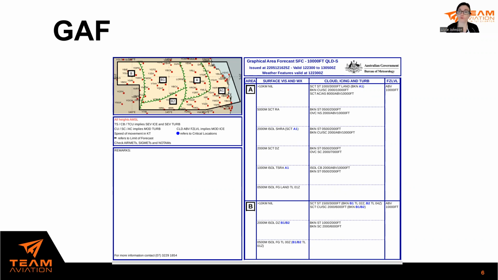So when we turn to a graphical area forecast, our first port of call is to identify the area in which we'll be operating. Now, this box here around the area is segregated around a number of different areas around Australia. So the first step is obviously identifying where you're going to be operating.